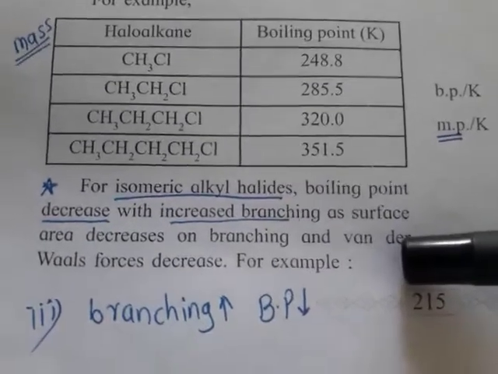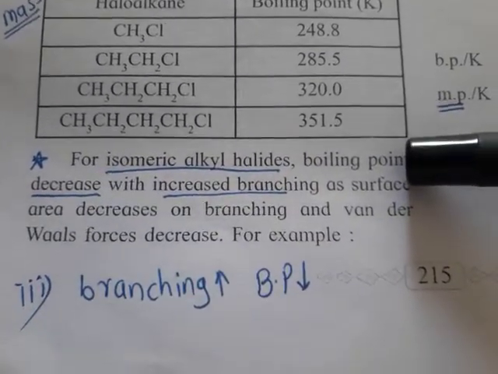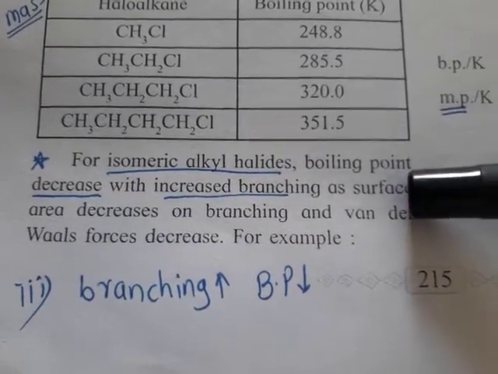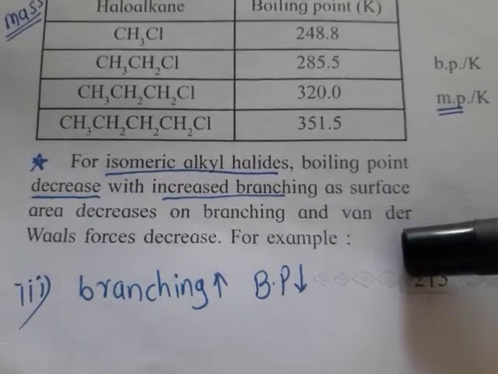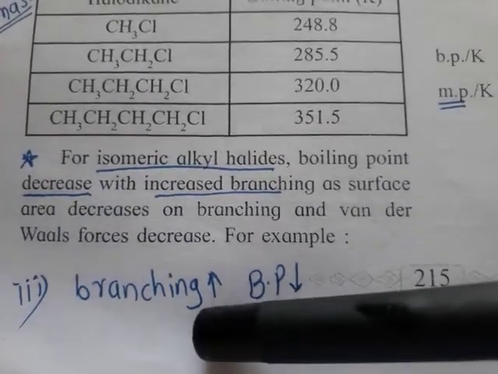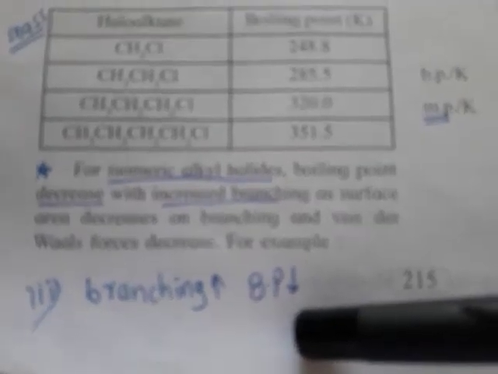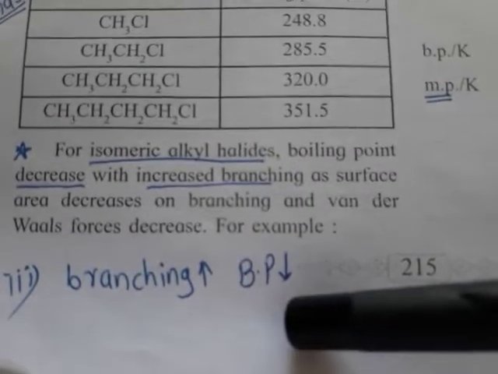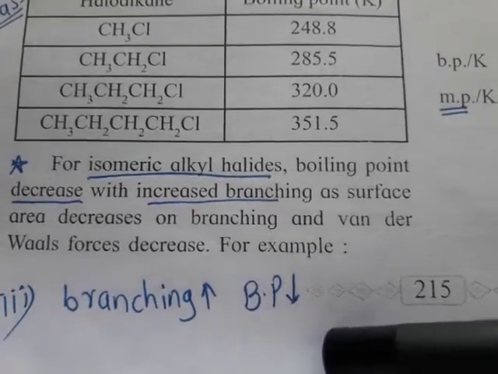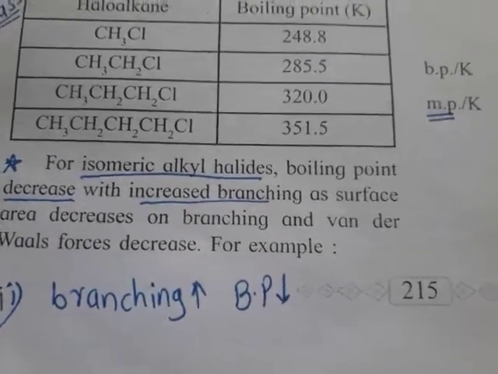This point we also discussed: if isomeric alkyl halides are there, then boiling point decreases as branching increases. The more the branching, the more the steric hindrance, the more the crowding. So it is easy to break that bond, and less energy is required to break that bond.